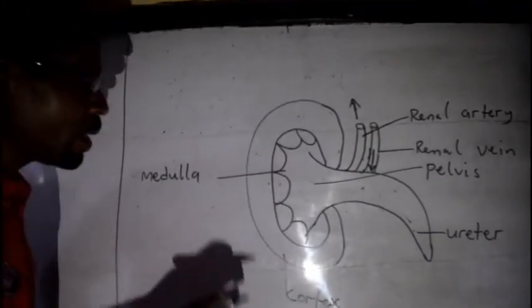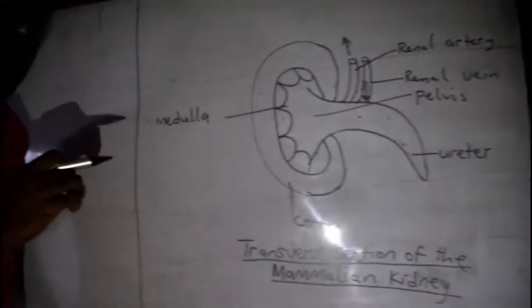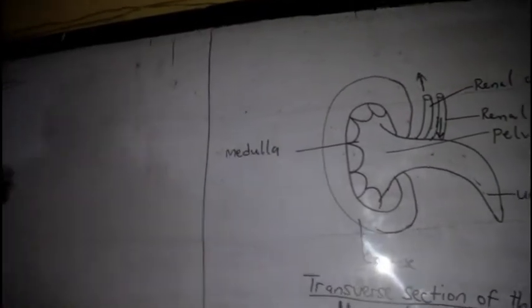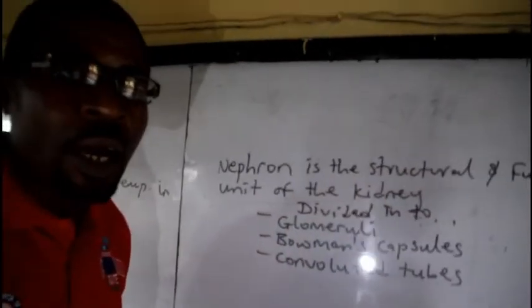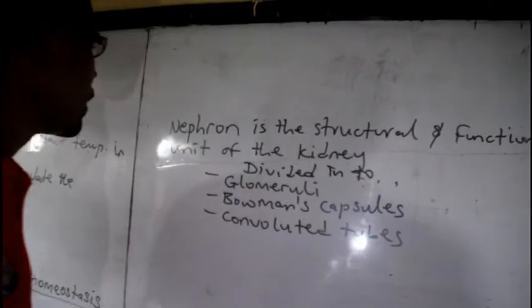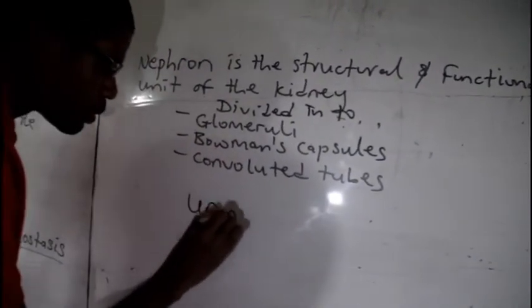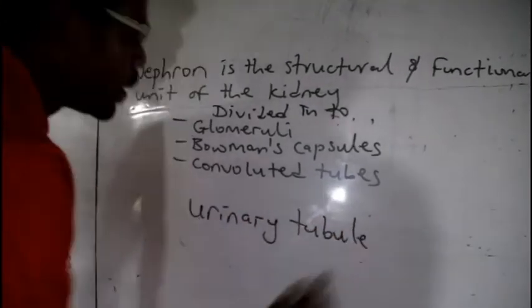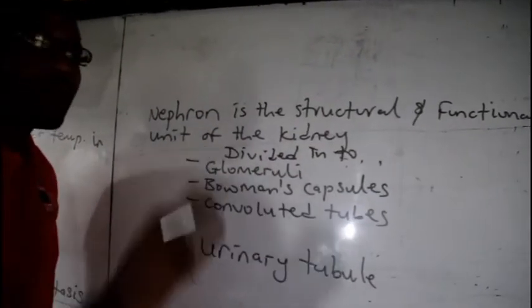Now the kidney has various functions, which I'm going to tell us now. Before we get to the function, each of these kidneys is made up of tiny organelles. The kidney is made up of millions of units, and those units are called nephrons. You can call them nephrons, or you call them urinary tubules. Now, these urinary tubules are the structural and functional units of the kidney.